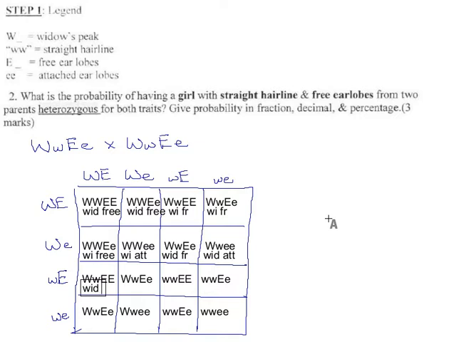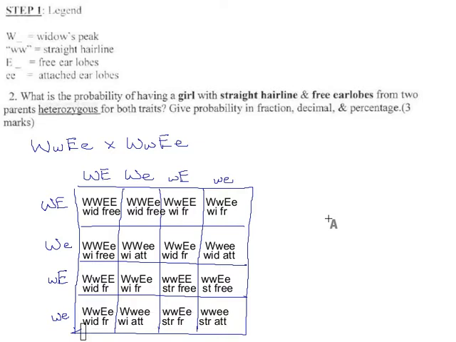Big W is widow's, big E is free, widow's free. Little w is straight, and big E is free. Little w is straight, and big E is free. Big W is widow's, big E is free. Widow's, little e is attached. Little w is straight, big E is free. And here we get straight attached.